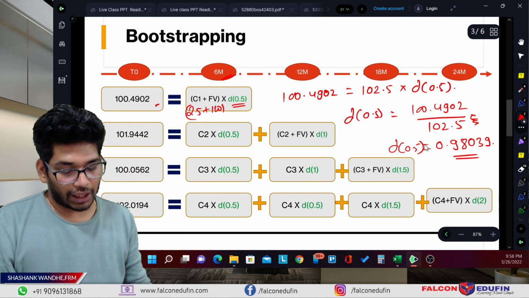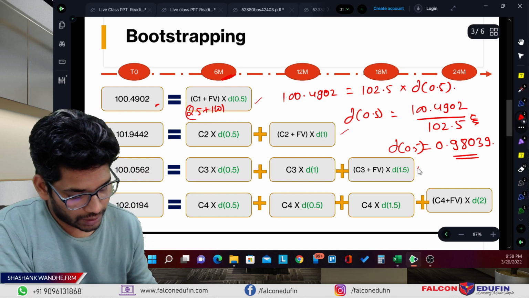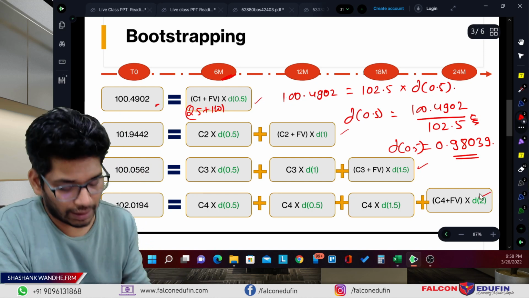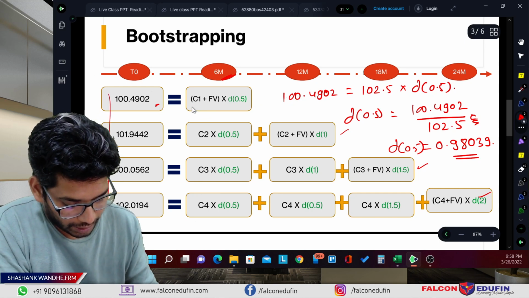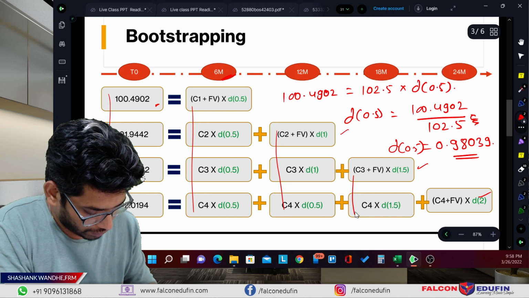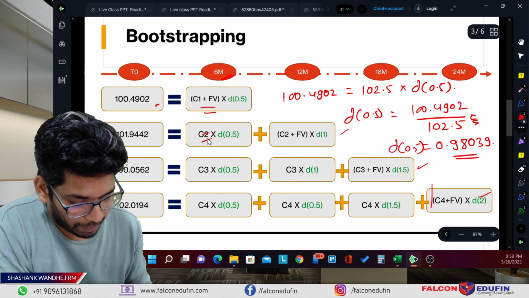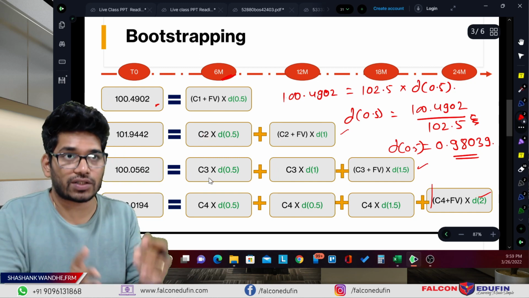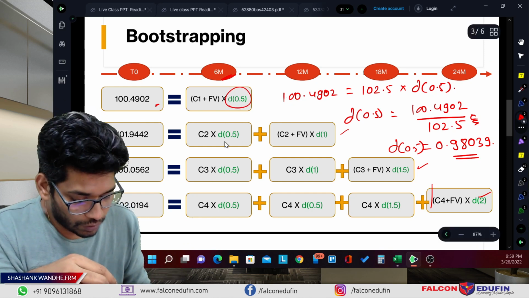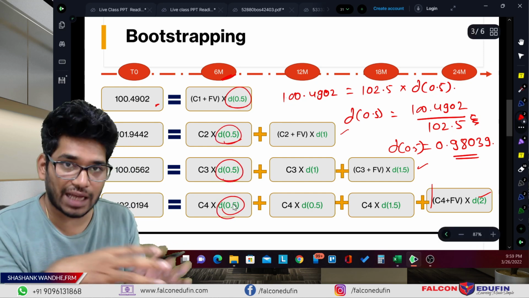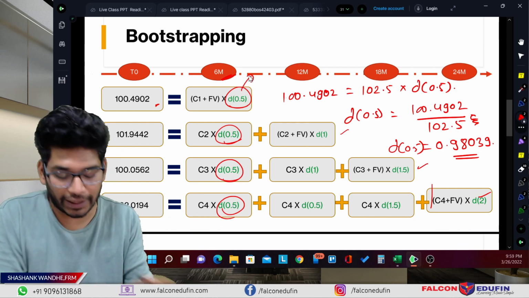Now, the good thing about the bootstrapping structure is that if you place all these bonds in one matrix, you will have prices, and this is for 6 months, 1 year, 1.5 years, and 2 years. This section is the cash flow applicable for 6 months, so we will obviously use the same discount factor, because this must have been discounted at the 6 months spot rate.